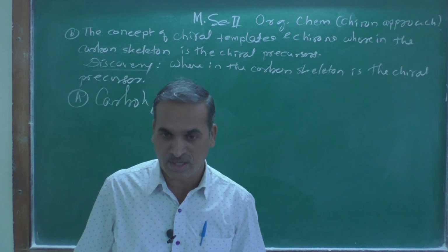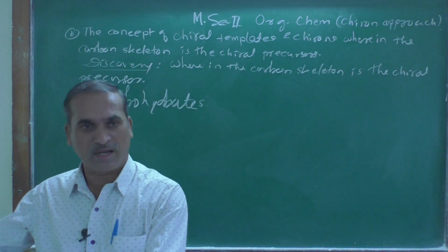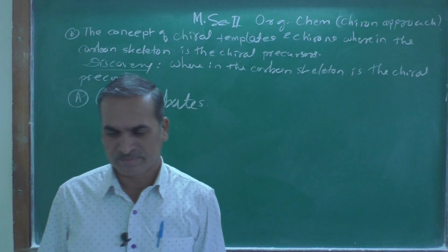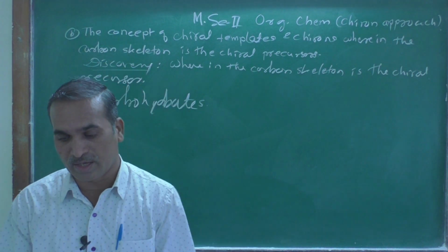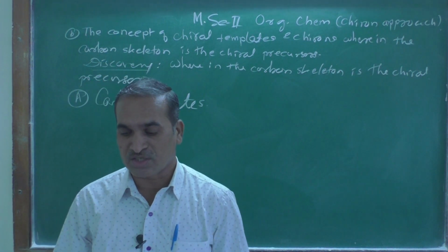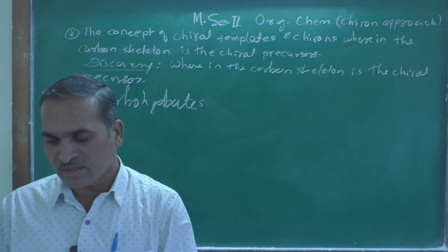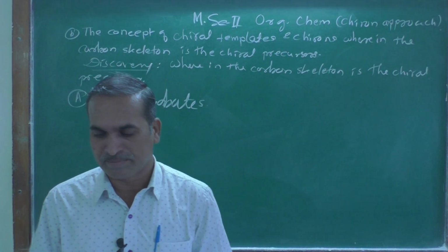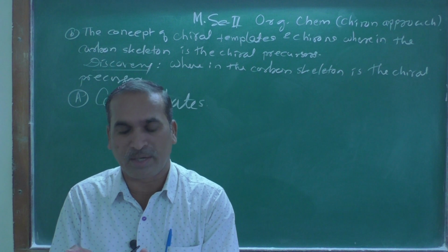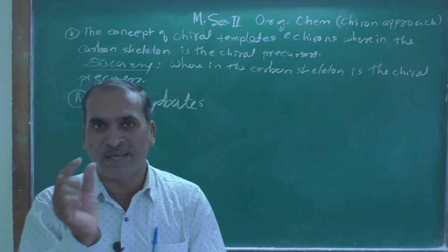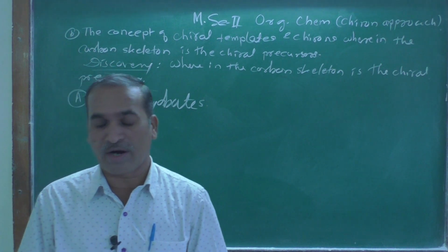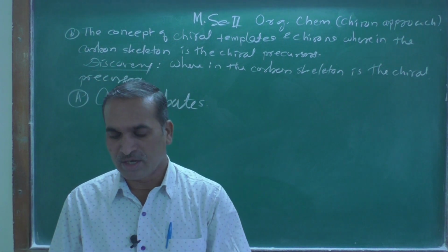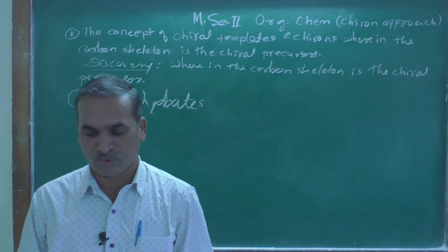It contains a carbonyl group, and a number of hydroxy groups are present. But in this section, an effort will be made to establish some simple guidelines in order to locate carbohydrate type symmetry in a given target molecule.